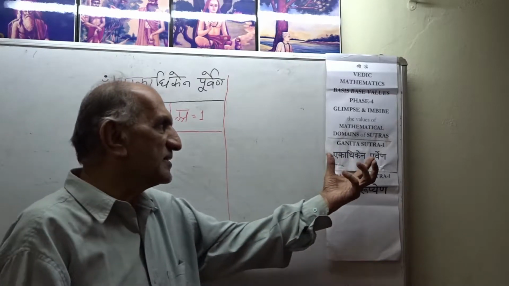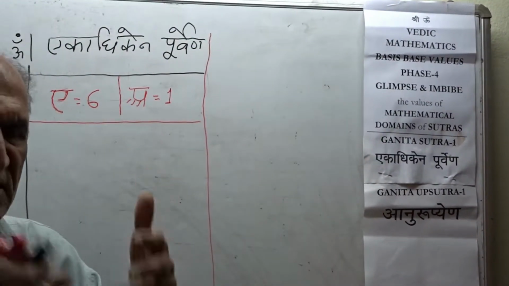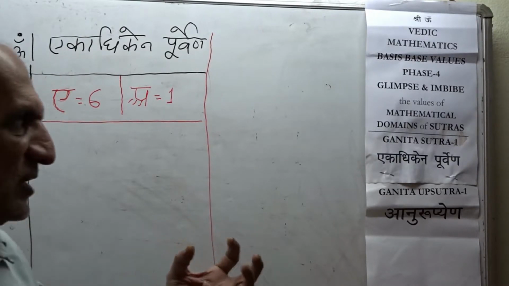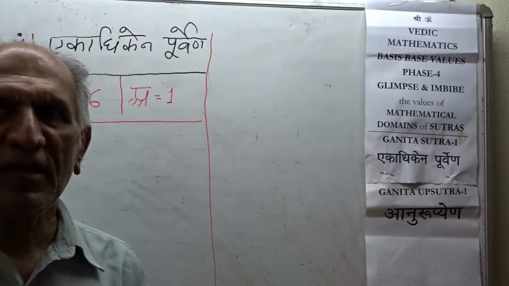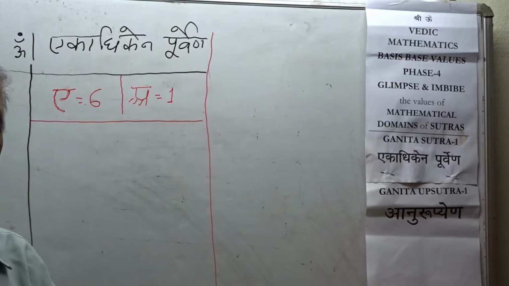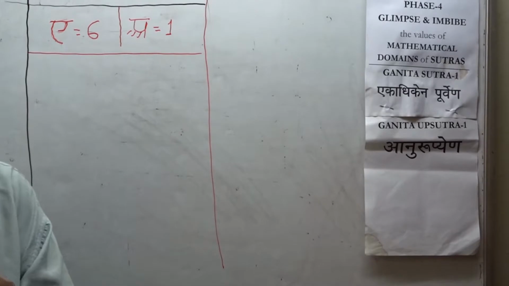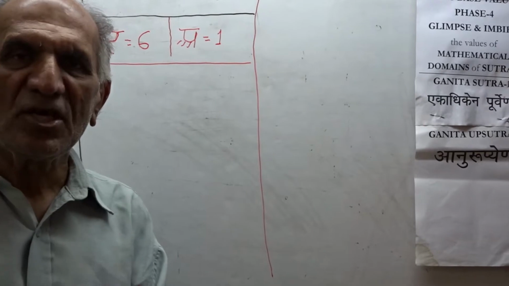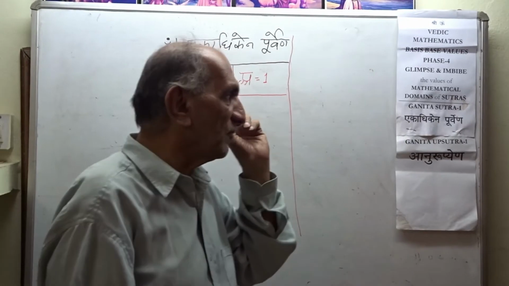Ganita Sutra 1 is a source sutra, so initiating ourselves by glimpsing the features and values of the mathematical domain of Ganita Sutra 1 will lay the firm foundation and provide us the deeper insight. The insight and enlightenment about the mathematical domain of the Ganita Sutras is to be laid upon the foundation of our insight to glimpse and comprehend the values and features of Ganita Sutra 1 itself.